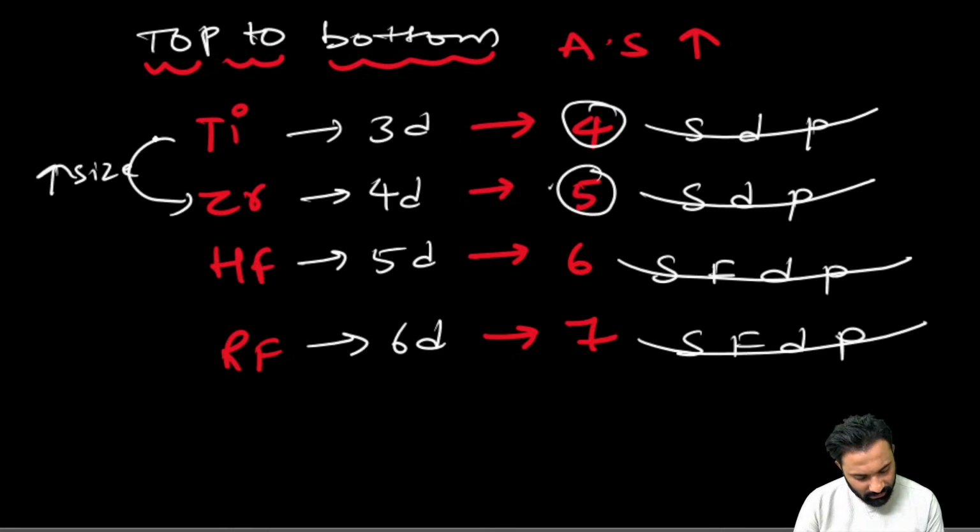Size increases from titanium to zirconium. But going from zirconium to hafnium, zirconium has 6s2 electrons. What happens when we go to hafnium? In hafnium, the poor shielding of f electrons starts.